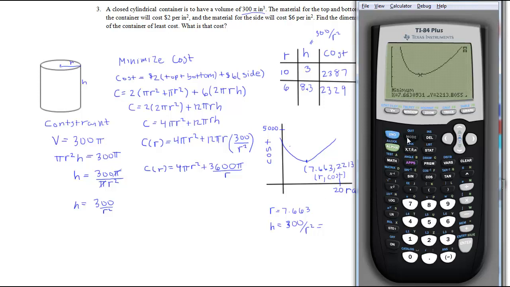So if I quit out of here and do 300 divided by x squared, then it will use that 7.663 number for me. You can tell that that's right because if you just press X and enter, you can see the 7.66. So when I did 300 divided by x squared, the x variable was using 7.66, which is my radius. So this is 5.109.